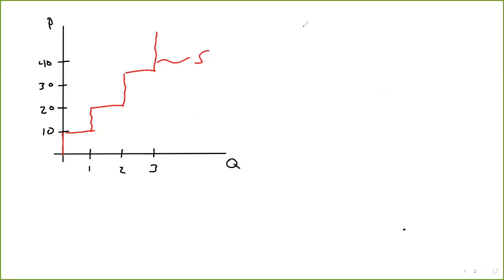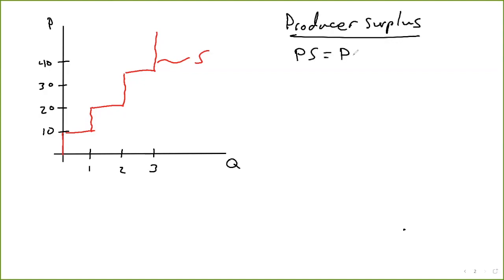And producers have a measure of welfare just like consumers, which is producer surplus. And the producer surplus is just the price minus the cost. So if we say that the price is 30, then everything below 30 is producer surplus down to the supply curve.